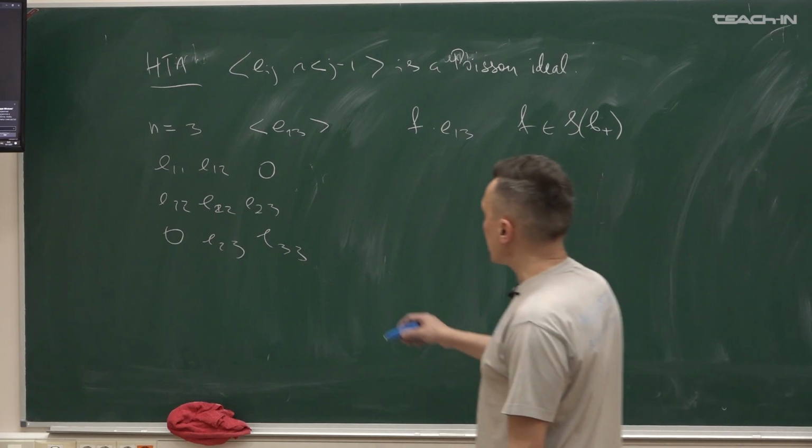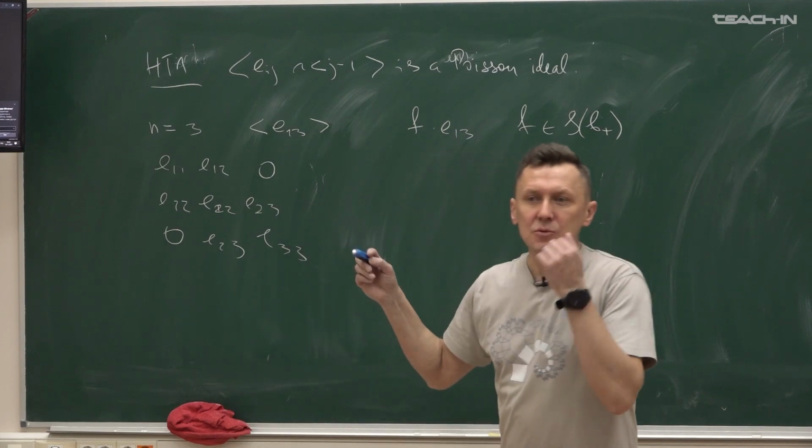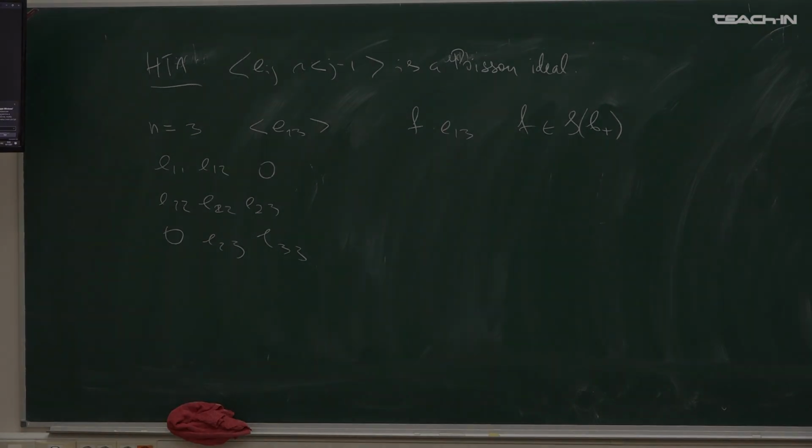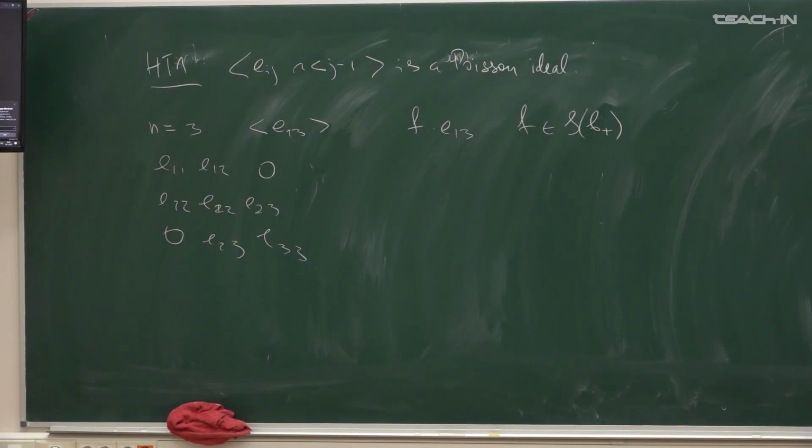So we have to verify, but I don't understand what to verify. What do you need to verify? Just to verify the Poisson bracket of all other elements are still in the form of some function multiplied by U. Would you like to try?